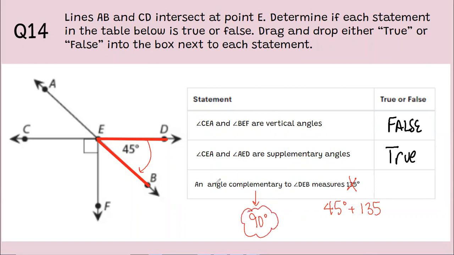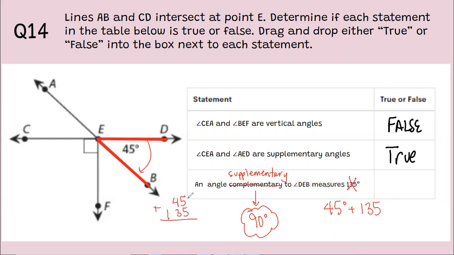All right. If it had said an angle supplementary to angle DEB measures 135, I might have a better chance at having a correct answer. What I would then do is take 45 and add it to 135 and see, do I get 180 degrees?